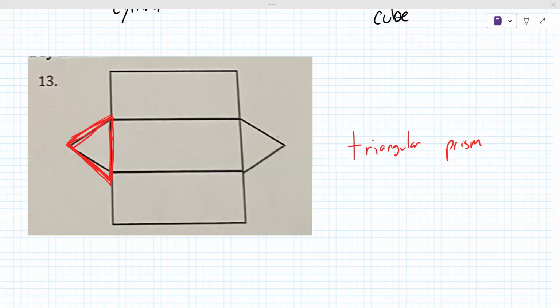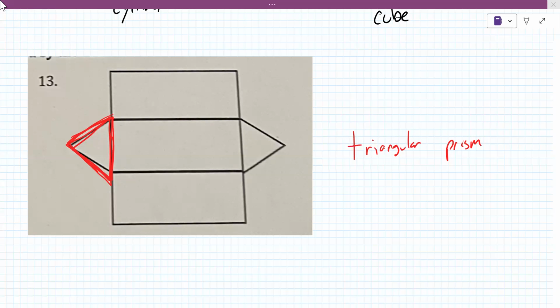Okay, I'm here. Let me know when you get the answers down for 12, 13, and 14. Okay, got it down.